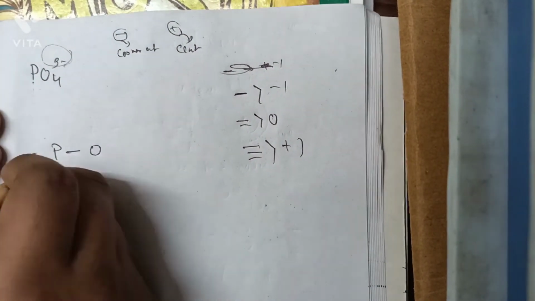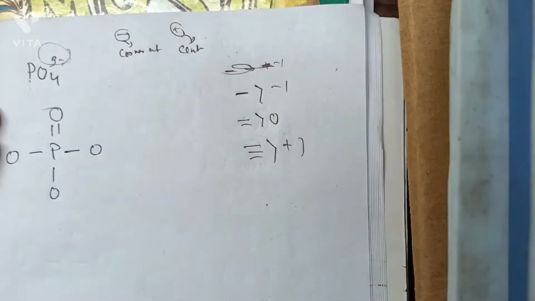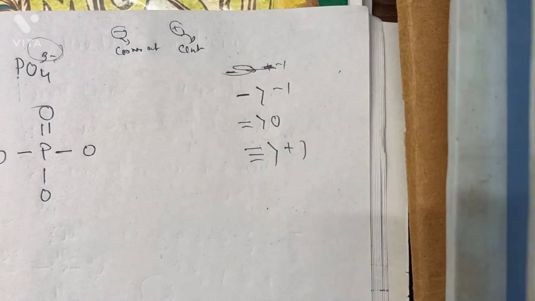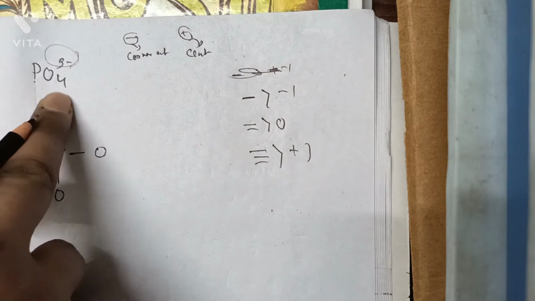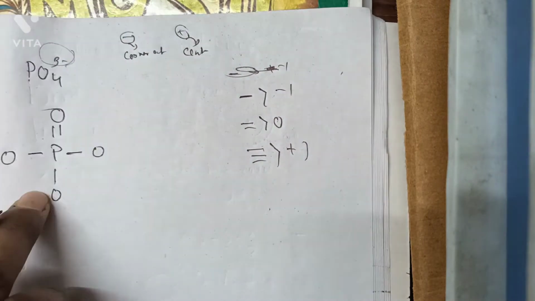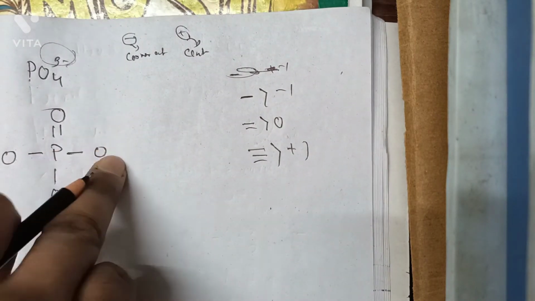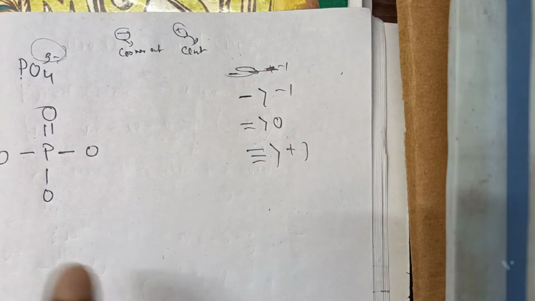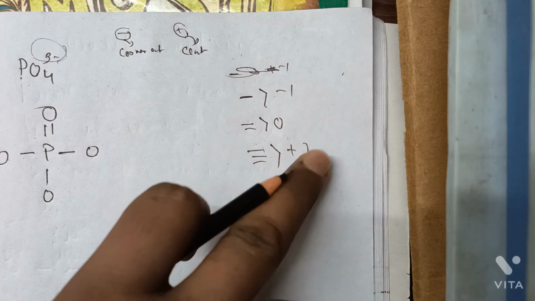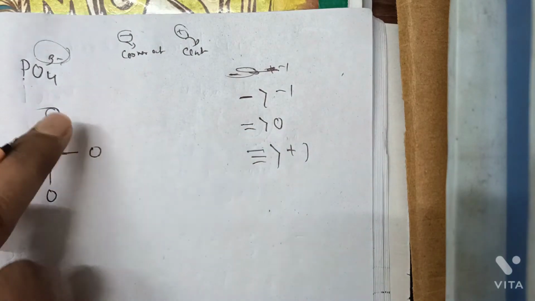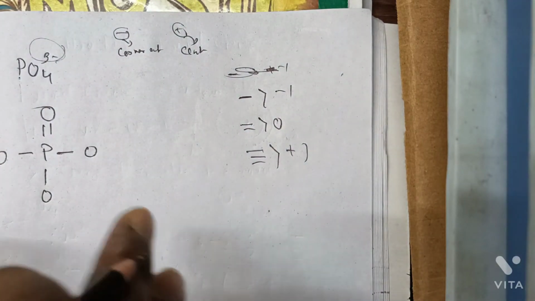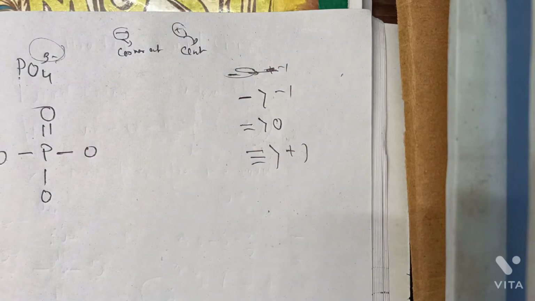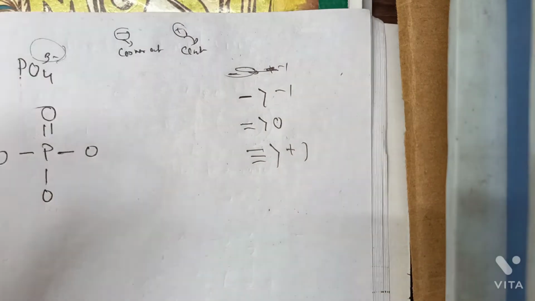Three single bonds give -1 each, and the double bond gives 0. Why 3? There are 4 oxygens present, and the one with the double bond has 0, so it does not affect the charge. Okay, this is the structure of the phosphate ion.